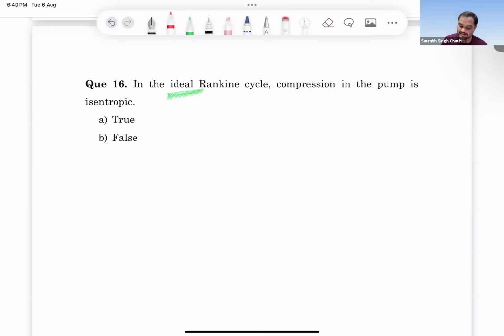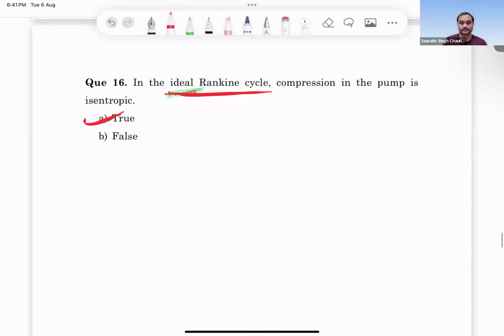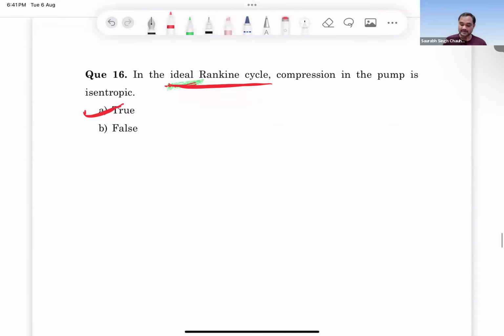So in an ideal Rankine cycle, there should be no irreversibilities involved. So the compression in the pump should also be an isentropic process. Okay. So it is true. But in a real cycle, there will be some irreversibilities.